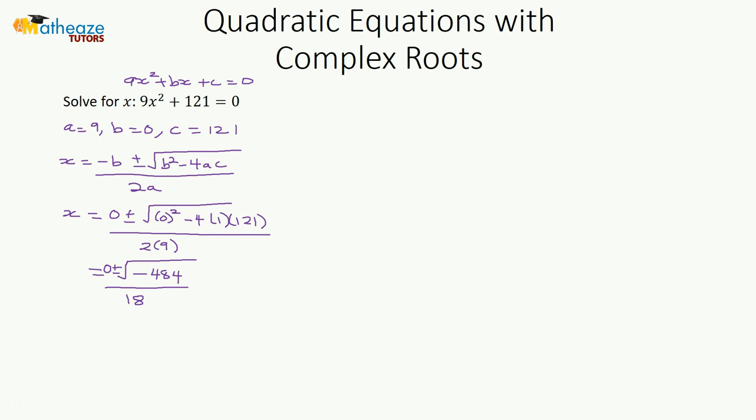So let's decompose 484. 484 divided by 2, we get 242. We decompose 242. Divide by 2, we get 121, and then 121 is decomposed to 11 times 11. So we have one pair here, and we have another pair here.